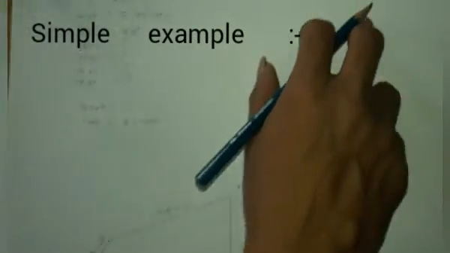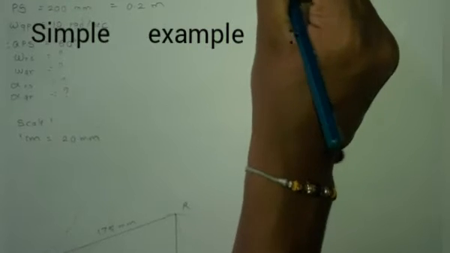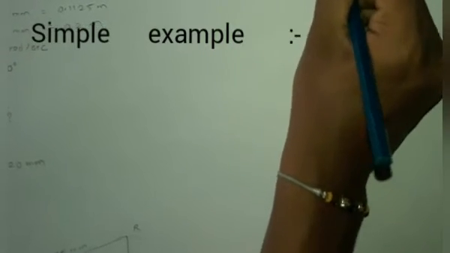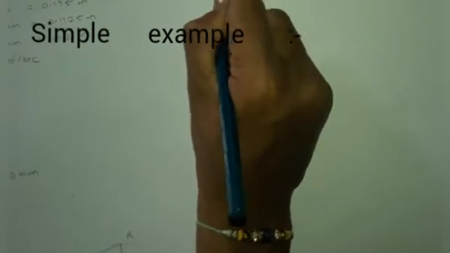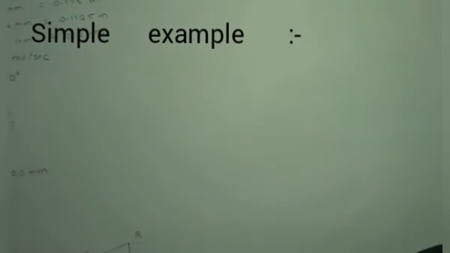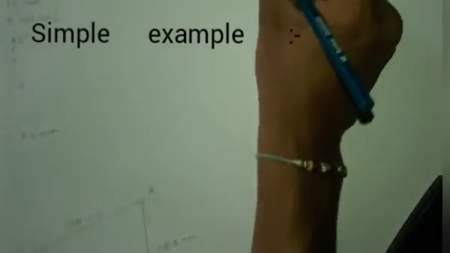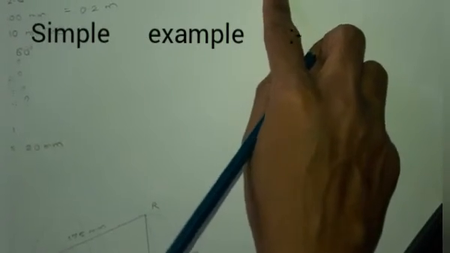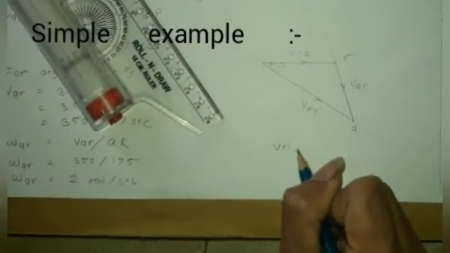Similarly, for angular velocity of RS, velocity of link RS equals 4.2 into scale, where 4.2 is this length, that is VRS, that is obtained from the velocity diagram.